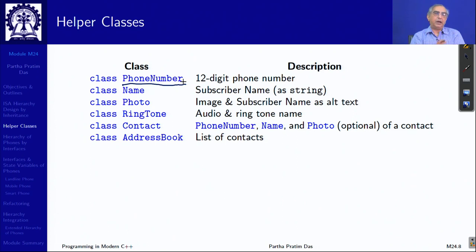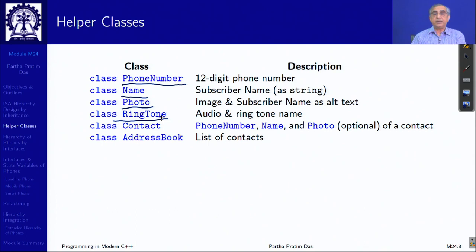We can just have it as an incomplete class to start with, which can be used whenever I need a phone number. Naturally, the subscribers will have their names. So, we will have subscriber name as string, maybe first name, middle name, last name. There could be other information related to the name that you can keep. You may want to have a helper class called photo to keep images of how the subscriber looks, and have the alternate text for the image also captured in this class.